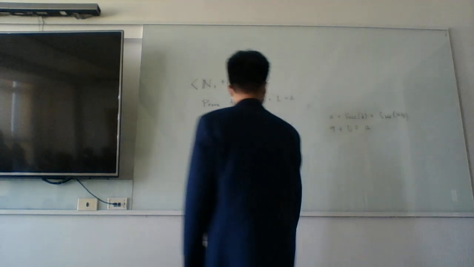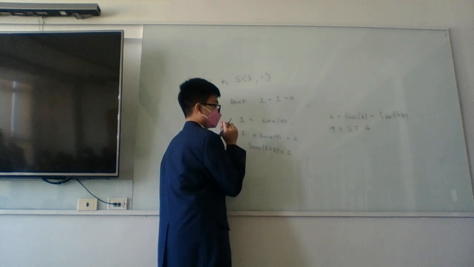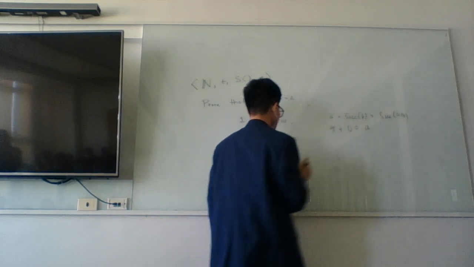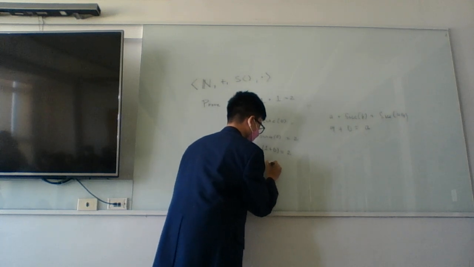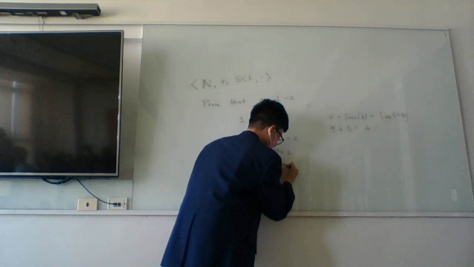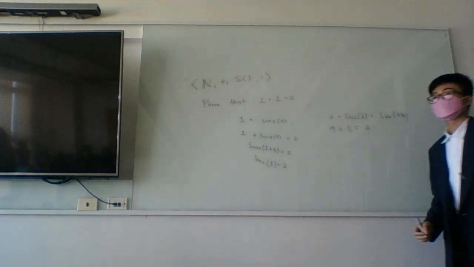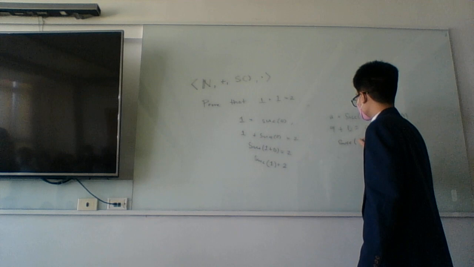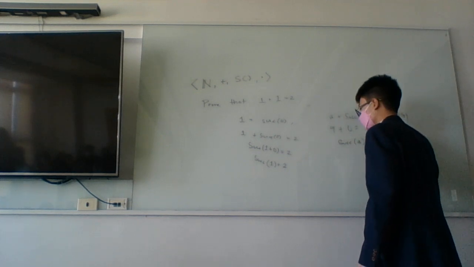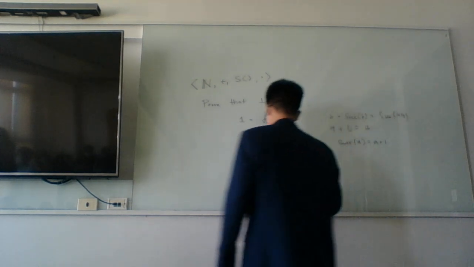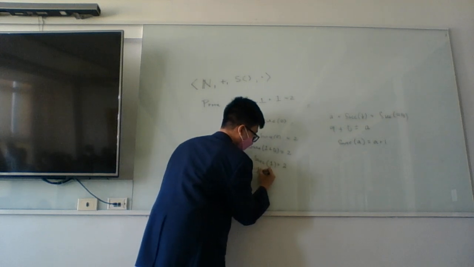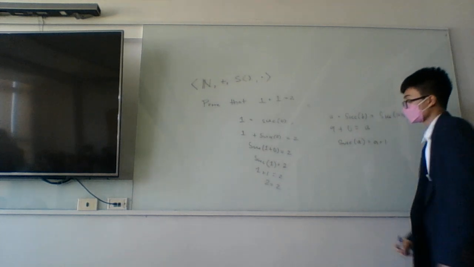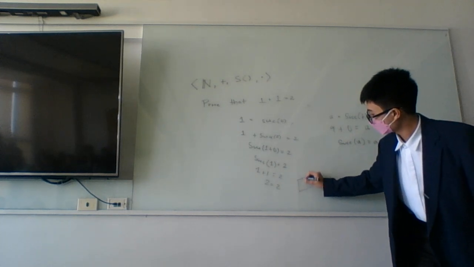So the successor of 1 plus 0, since a plus 0 is a, just gives us the suc of 1. And a while ago I explicitly defined the successor function of the natural number a to be a plus 1. Therefore, the suc of 1 is equal to 1 plus 1, and that's 2. QED.